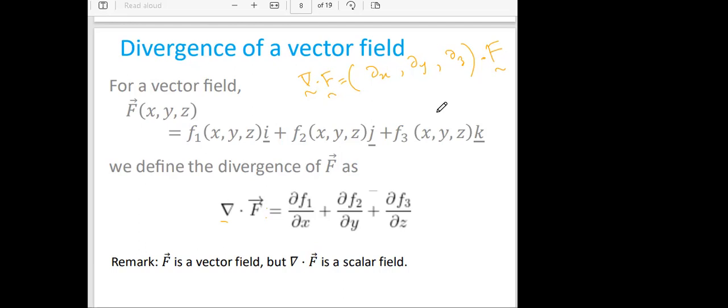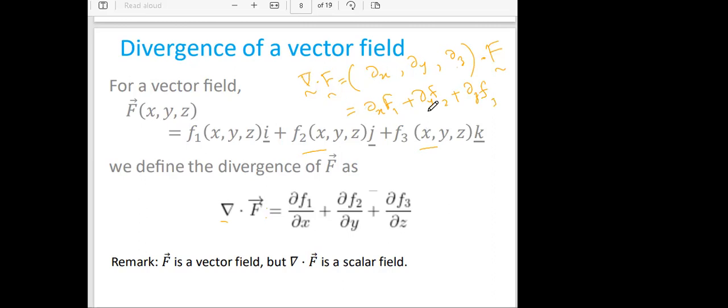So you can expand this. Taking the dot product, the x component of f is f1, so partial with respect to x of f1, plus partial with respect to y of f2, plus partial with respect to z of f3.